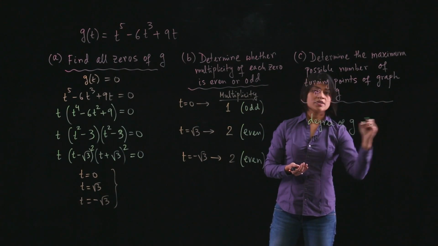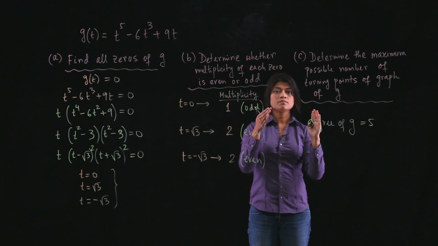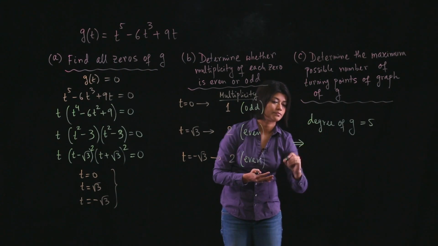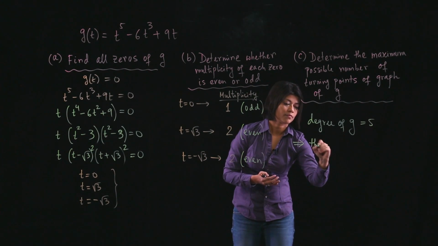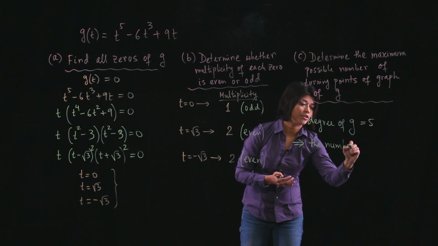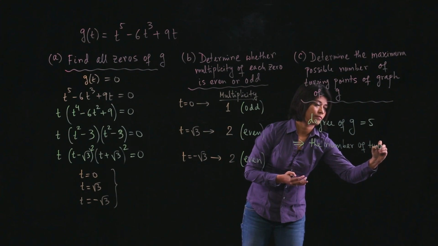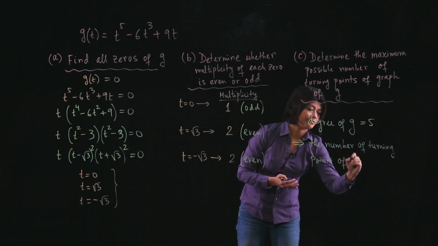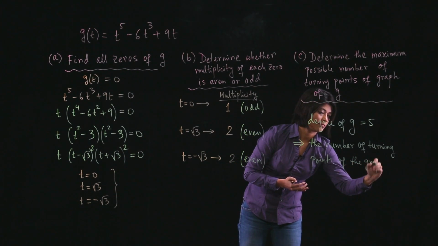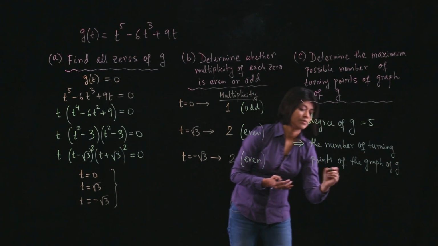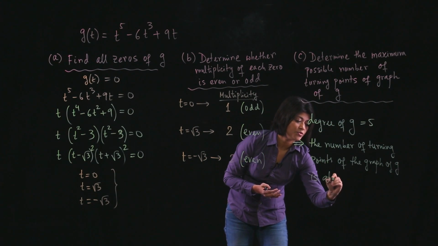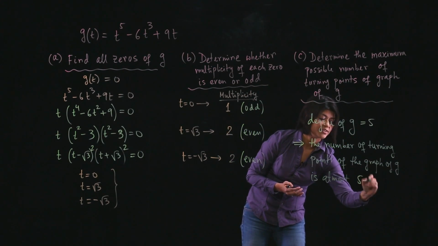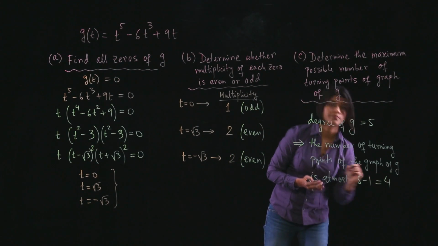And therefore, the number of turning points of the graph of g will be at most the degree minus 1, 5 minus 1, which is 4.